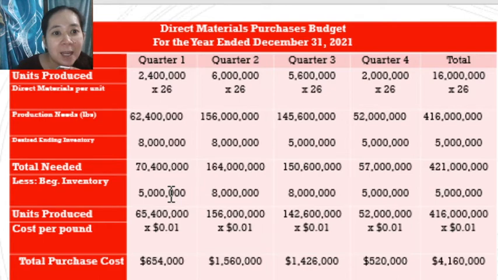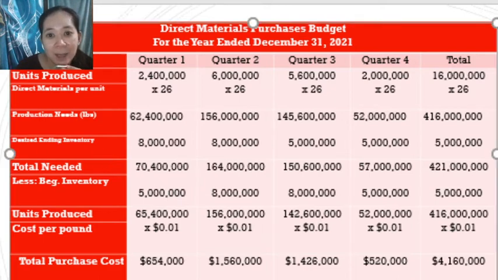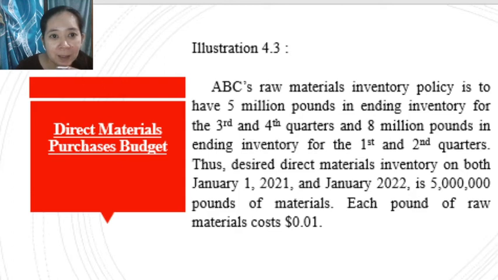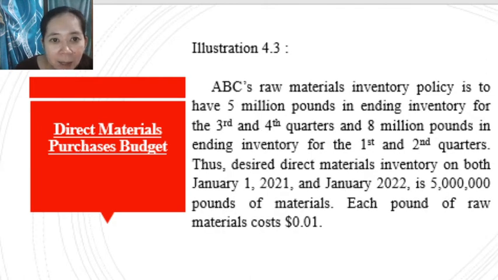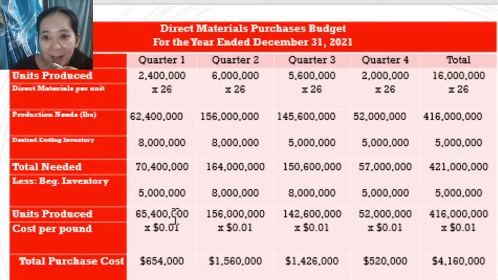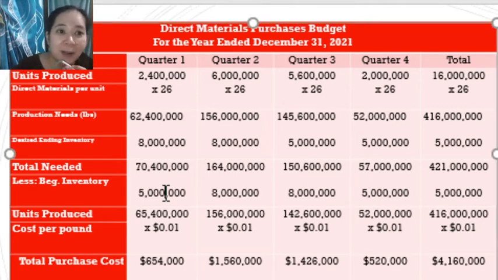Next, for our beginning inventory, this is also based on our information. For our ending inventory, please remember, 5 million pounds is our ending inventory for the third and fourth quarters. So for the first quarter, our beginning inventory is from the ending inventory of the previous year.